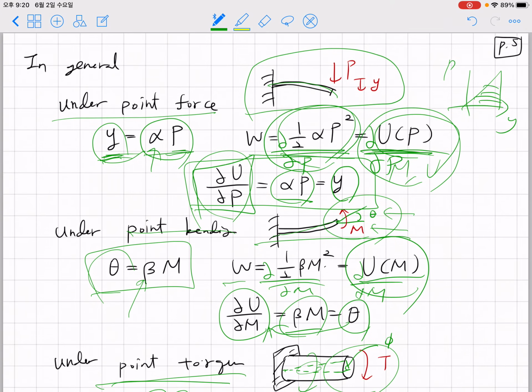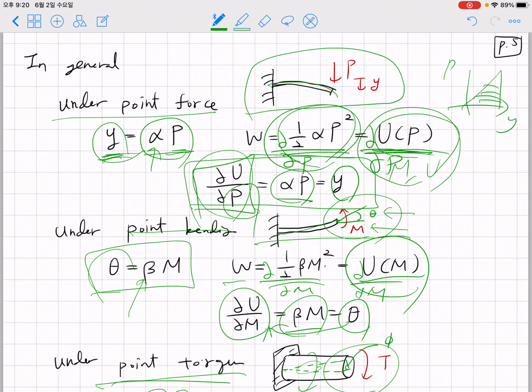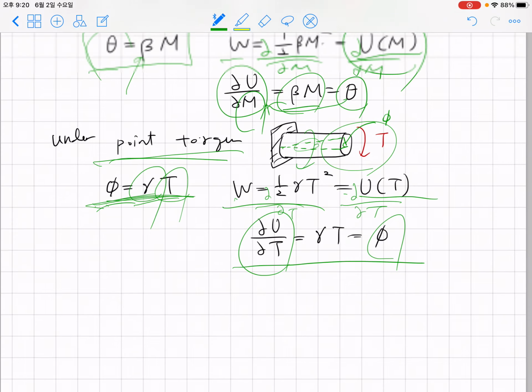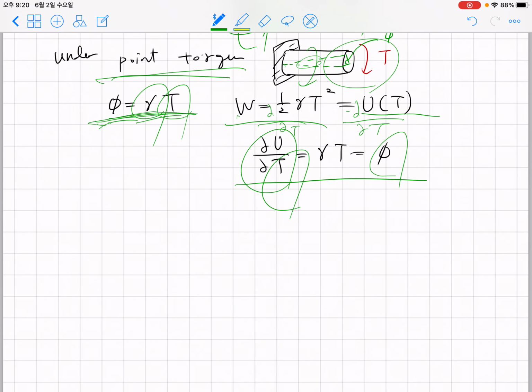So whether you consider the dimension of force or the dimension of torque, you can apply this work energy method and this partial derivative method for solving the deflection or the angle along the applied single external load.